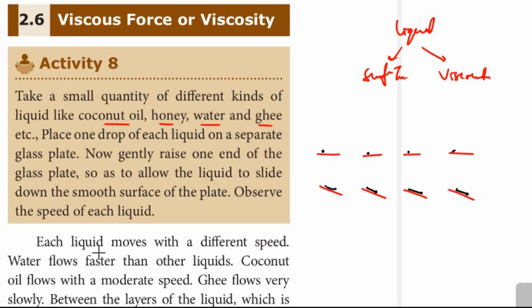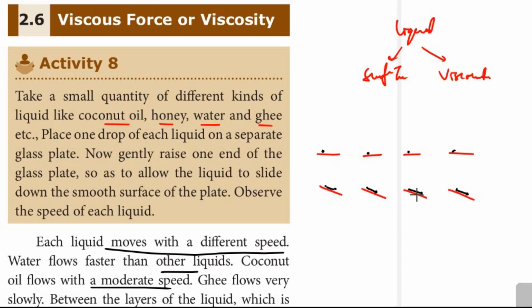Interestingly, you will observe that each liquid moves with a different speed. You will observe that water flows much faster compared to the other liquids, and even coconut oil flows with a moderate speed. Ghee will flow very slowly, honey will also flow very slowly.